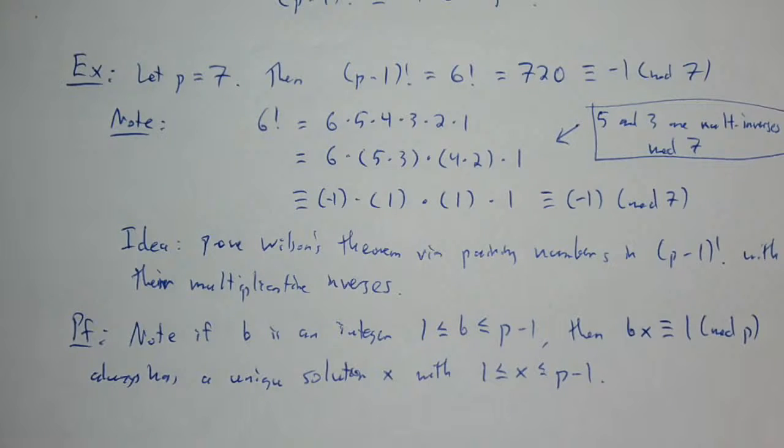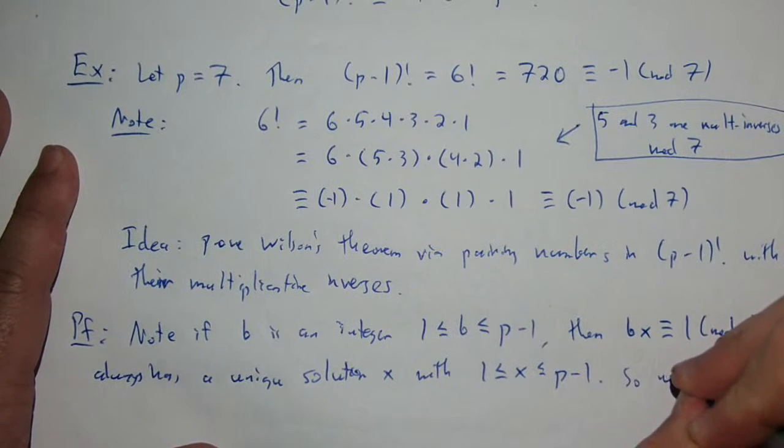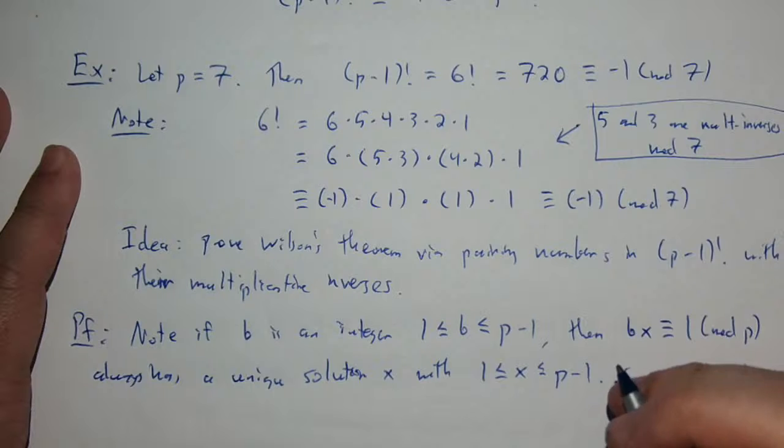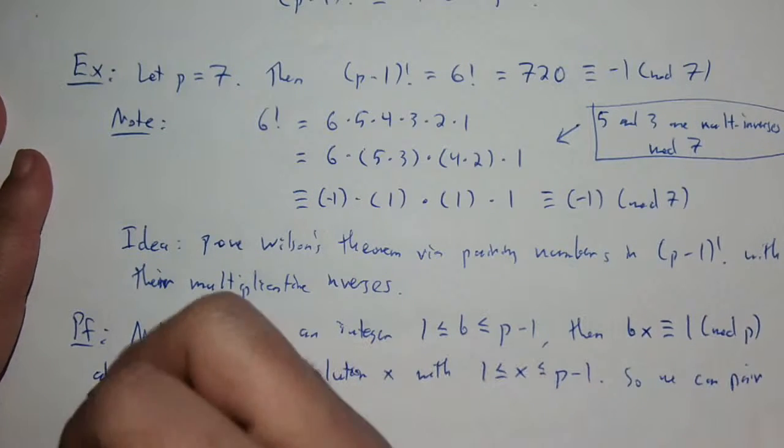So if you had any initial doubts as to whether or not we could do this in general, like we did in the example, well, since p is prime, the requirement that we need in order to always be able to solve this linear congruence for the multiplicative inverses is met. This always has a unique solution, up to p minus 1. Okay, and so we compare each integer with its multiplicative inverse mod p.